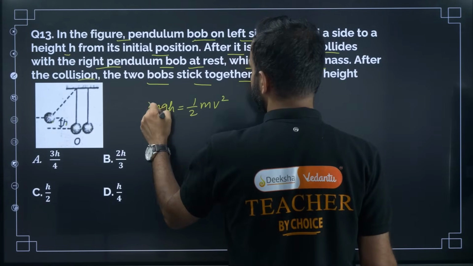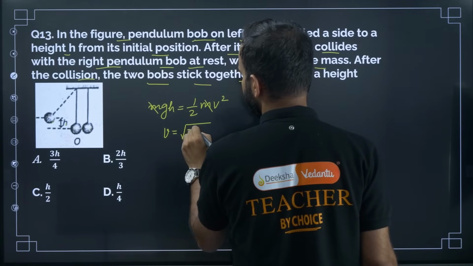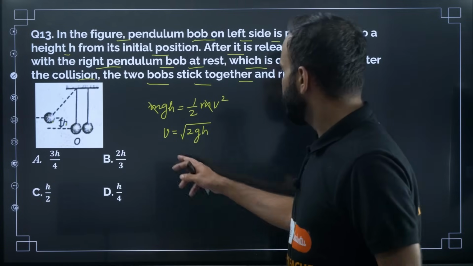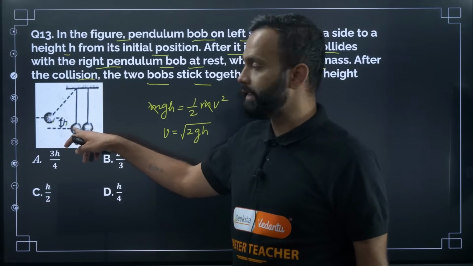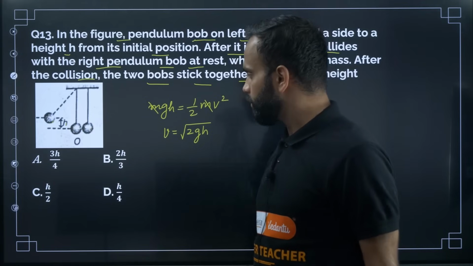Here m will get cancelled. V equals root of 2gh. So this is the velocity of the bob when it is about to hit the other bob, right?